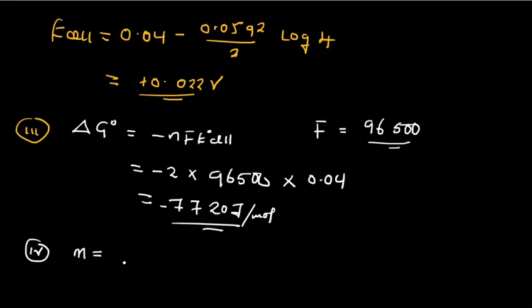We know mass can be calculated using the equation which states that mass is equal to Q multiplied by the molar mass over nF, where n still is the number of electrons transferred. So now, what do we have here? Our mass is basically 10 grams.